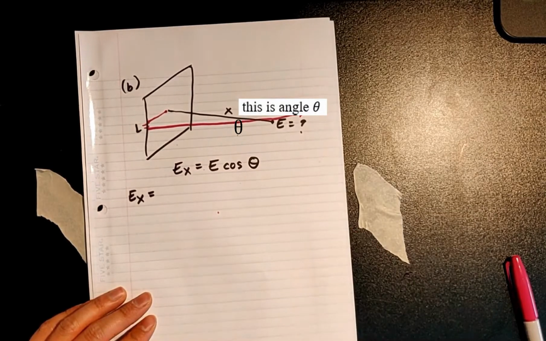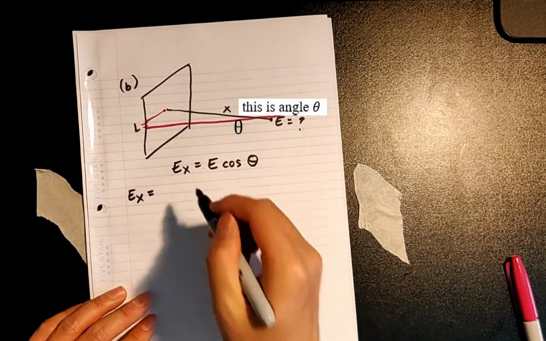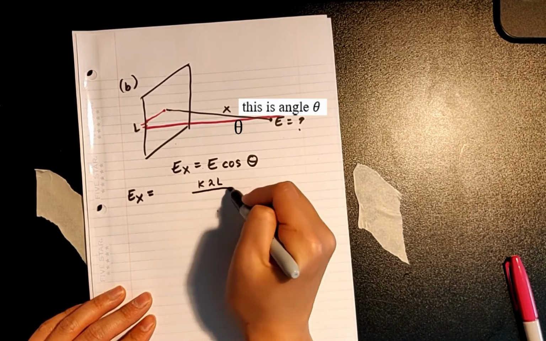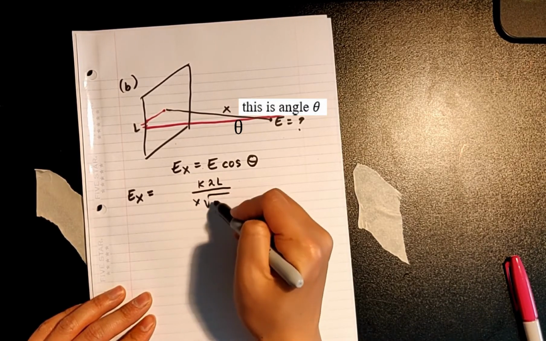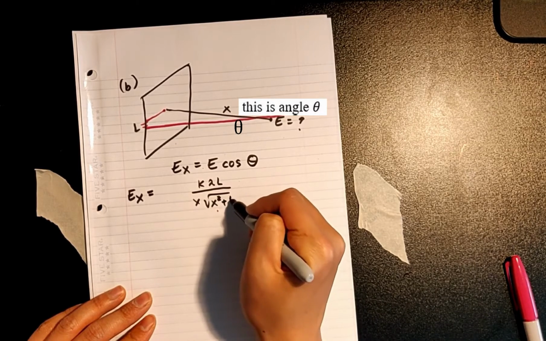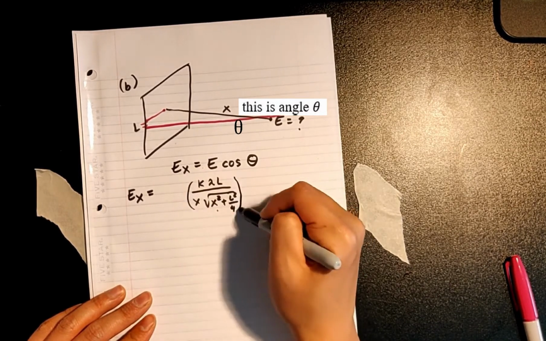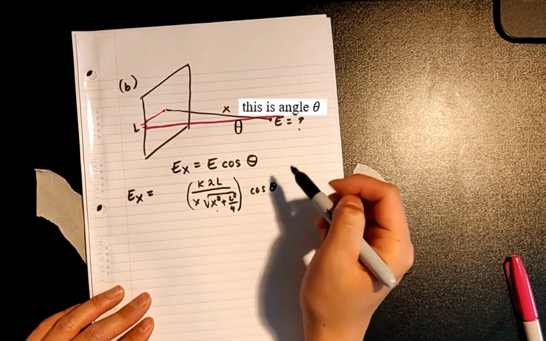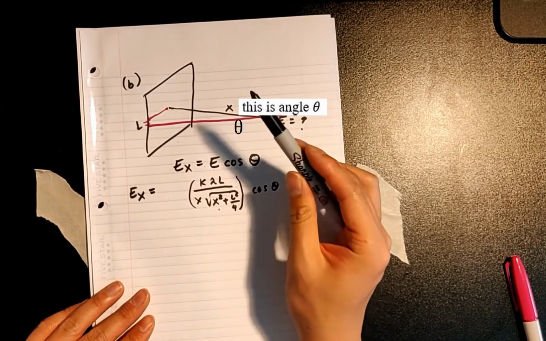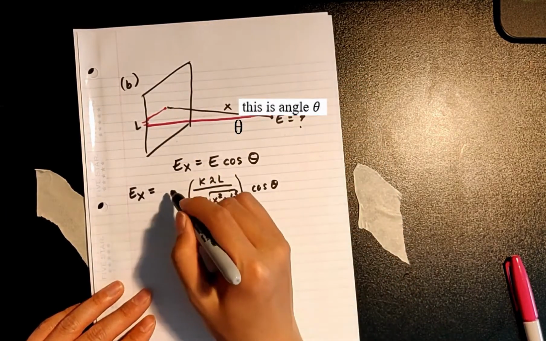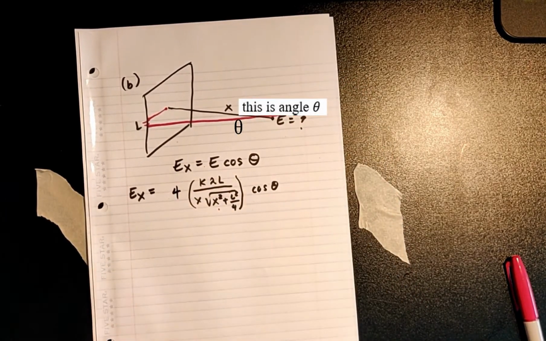So it will just be k lambda L over x times square root x squared plus L squared over 4 times cosine theta. But you have to remember that we have 4 electric fields coming from all 4 sides of this square. So we have to multiply it by 4.